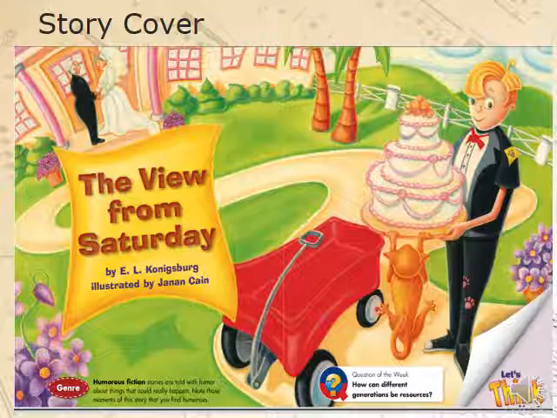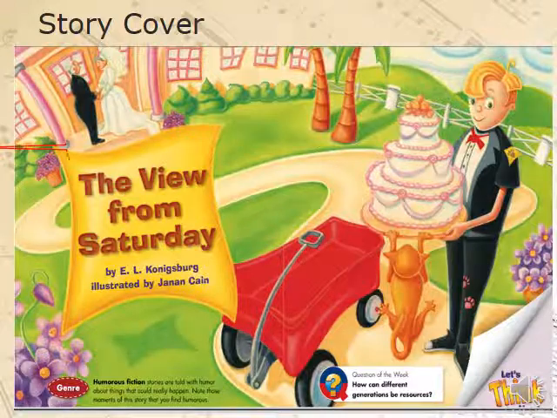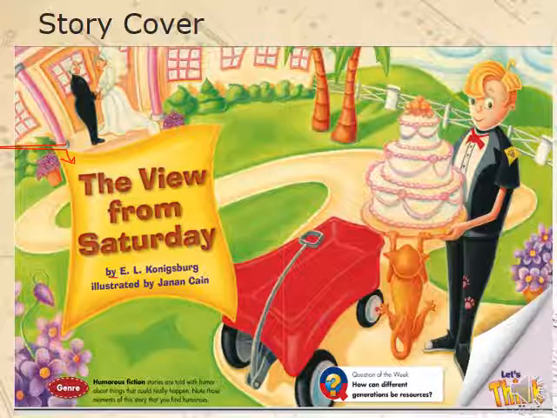We can see here the title of the story, The View from Saturday, and here the author is E.L. Konigsburg, and it was illustrated by Janet Kane. And the genre, which is the type of the story, is humorous fiction, which is a story told in a humorous way about things that could really happen.